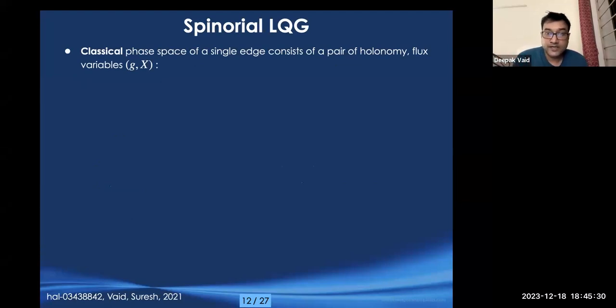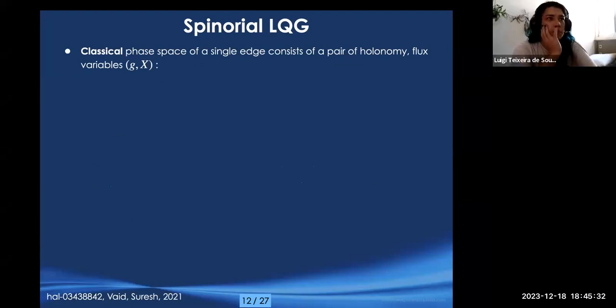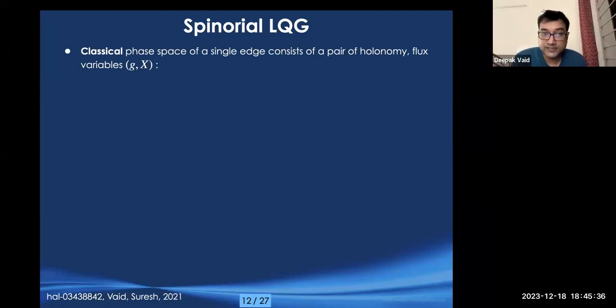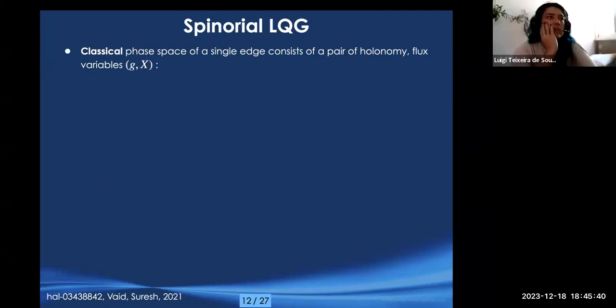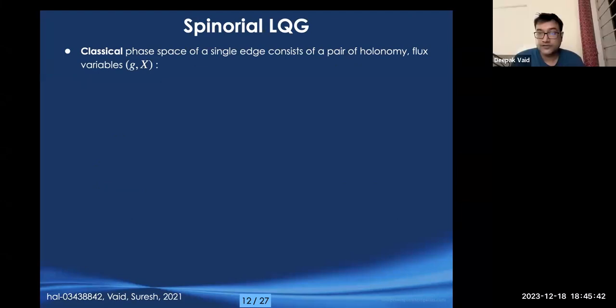The degrees of freedom live on edges, right? So there is a holonomy and a flux X associated with each edge. The holonomy corresponds to the connection.